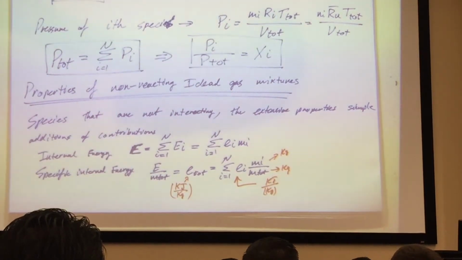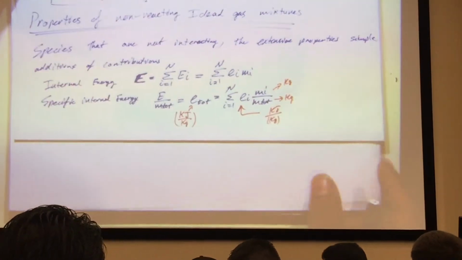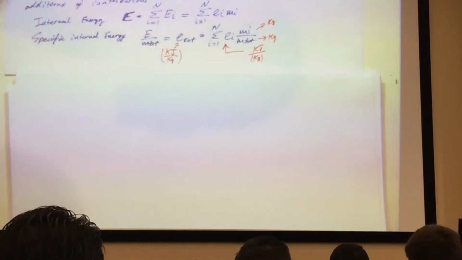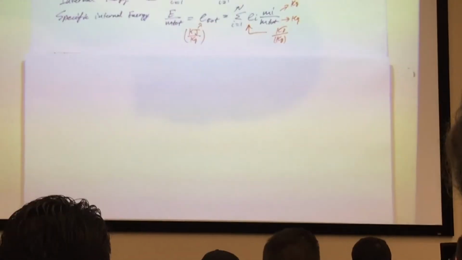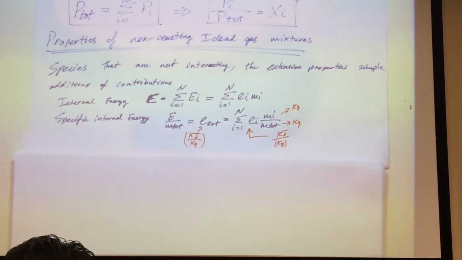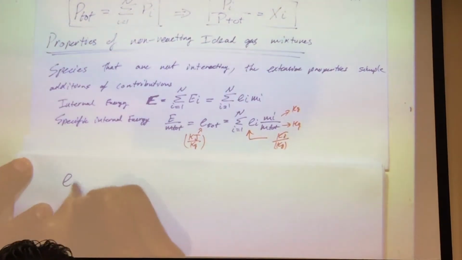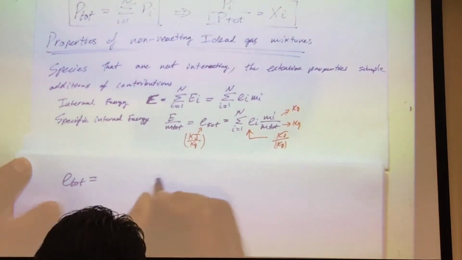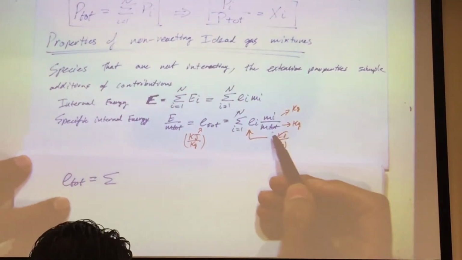So if I want to write a generic formula for this, just a general form for this equation, E total is equal to the sum. What is M_i over M total?